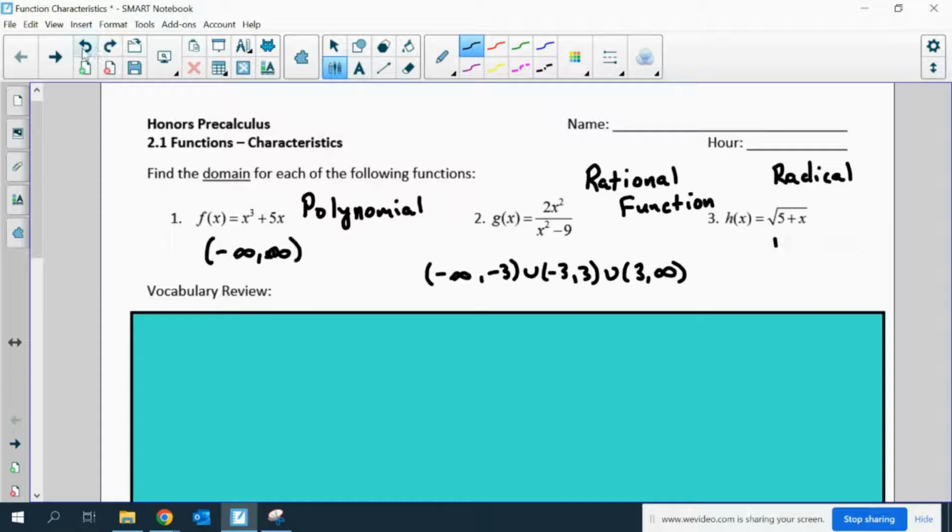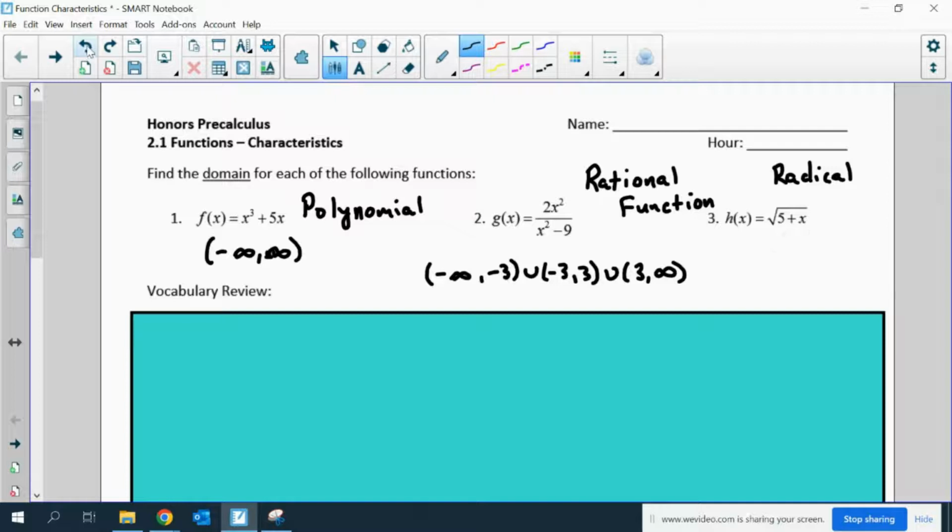And the reason for that is, let's say I had the square root of negative 1. Well, there are no two real numbers that I can multiply together that end up giving me a negative number. But it would work if there were 3 numbers, like the cubed root of negative 1. I could get negative 1 times negative 1 times negative 1, and that would end up giving me negative 1.